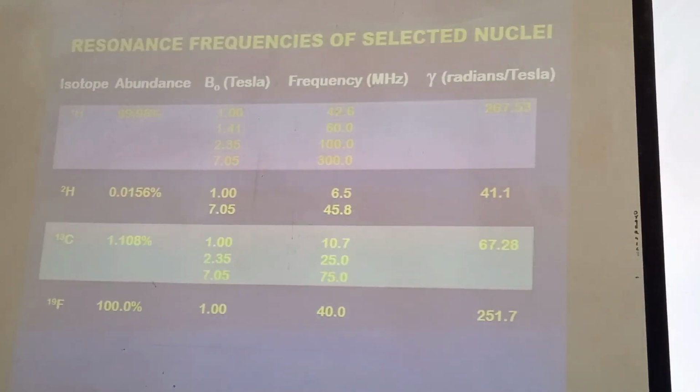So the gyro-magnetic ratio of proton is 4 times that of carbon-13, which means that it is more responsive towards a magnet than a carbon-13. Its Larmor frequency is 4 times that of carbon-13. Its natural abundance is almost 99% greater than that of carbon-13. And because of all these differences, proton is more sensitive than carbon-13 in NMR.